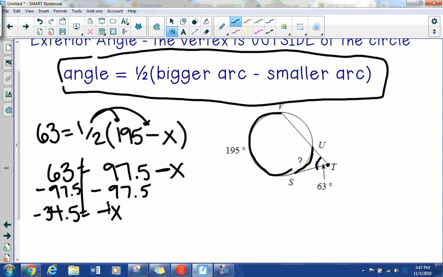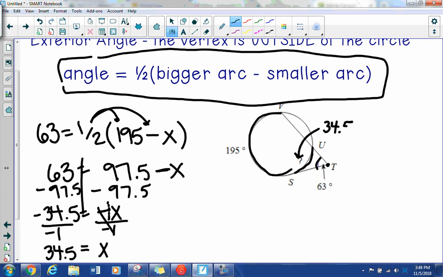So you actually need to divide by the -1 to get rid of that negative sign. But that also ends up meaning that your value for x is equal to positive 34.5, which makes a lot more sense. And so this arc intercepted between that exterior angle would be equal to 34.5 degrees.